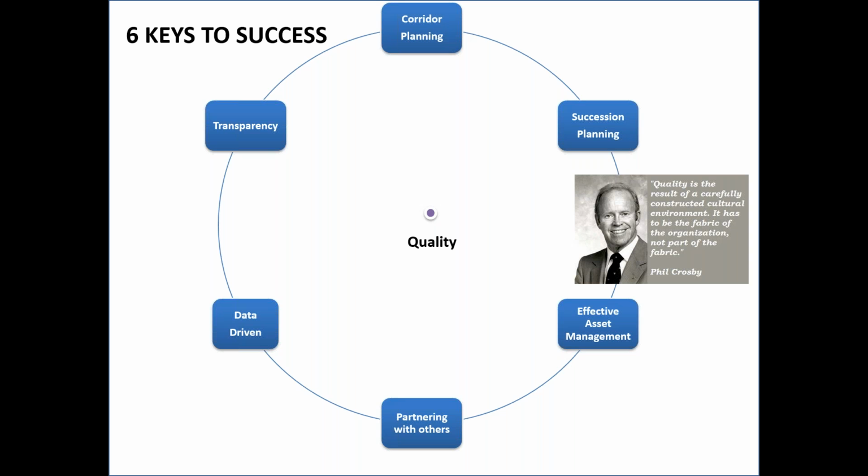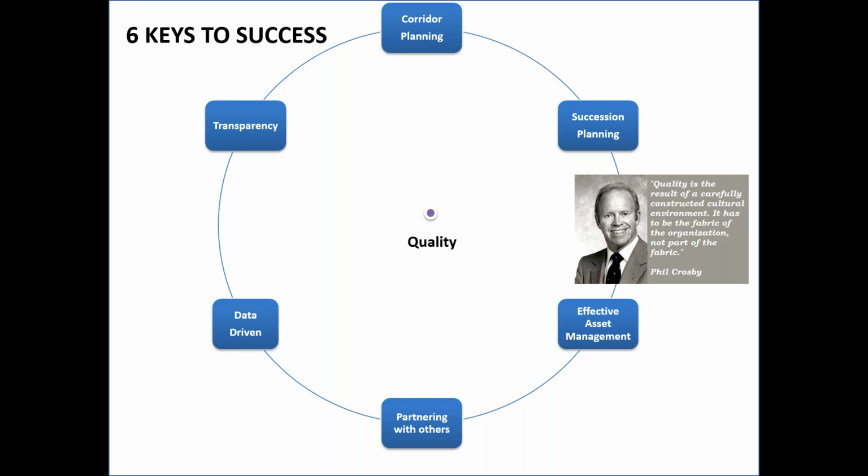And as you can see, these are focused on corridor planning, succession planning, effective asset management, partnering with others, being data-driven, and ensuring that all that we do is transparent. You can see that asset management is tied to all of these areas, either as inputs or outputs.